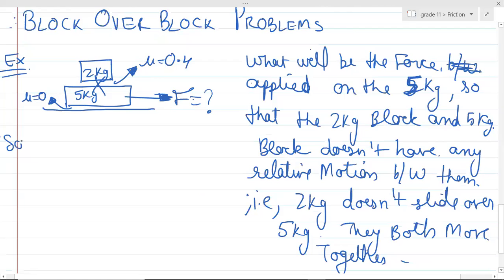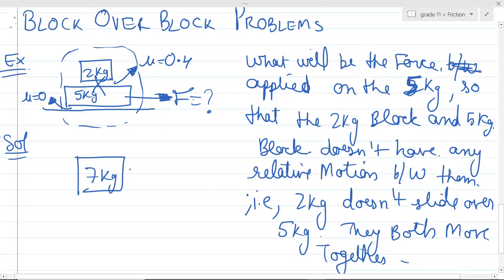Please remember, I told you already, whenever there is no relative motion involved, you will assume this as a common block. So you will assume this as a common block of mass 7 kg, on which you are applying a force F, and this block is moving with an acceleration A. Yes or no?